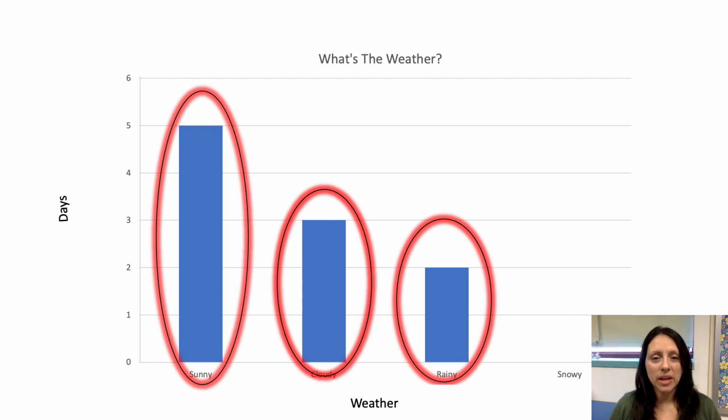When we were checking the weather outside across 10 days, 2 of those days were rainy. And let's look at the next word on that bar graph, right after rainy. The next word says snowy. There is no bar above that word. There's no bar above that word because there were 0 snowy days when we checked the weather outside.